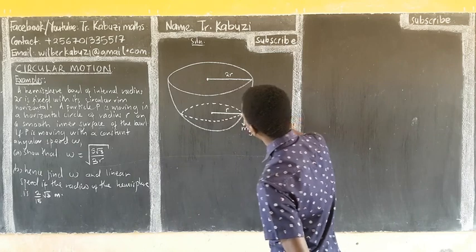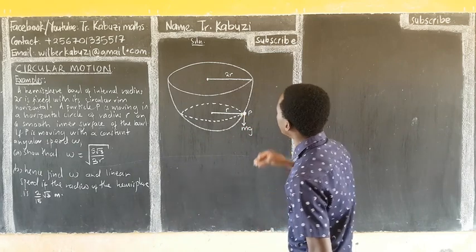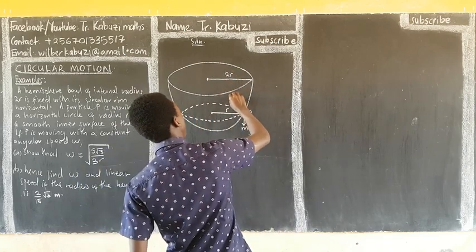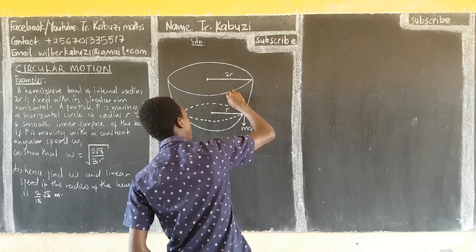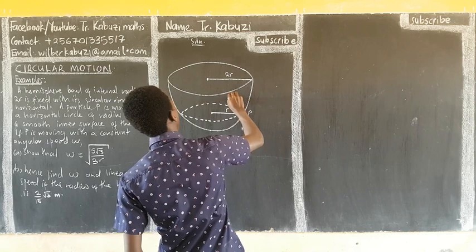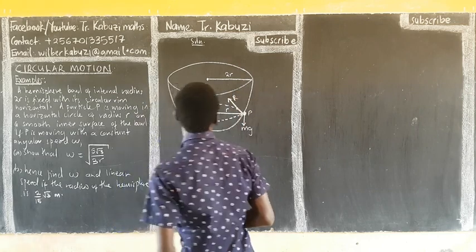Now, because there is contact between this particle and the surface, we are going to expect a reaction, and reaction is always perpendicular to the surface. So this is our reaction here, acting on that particle.